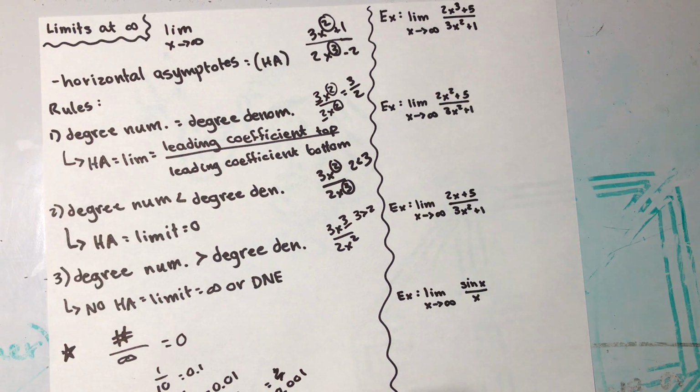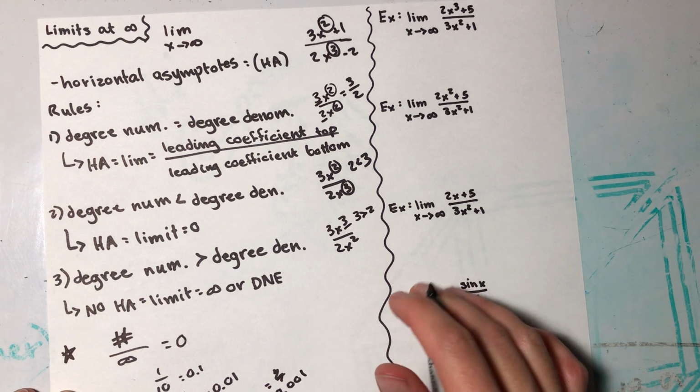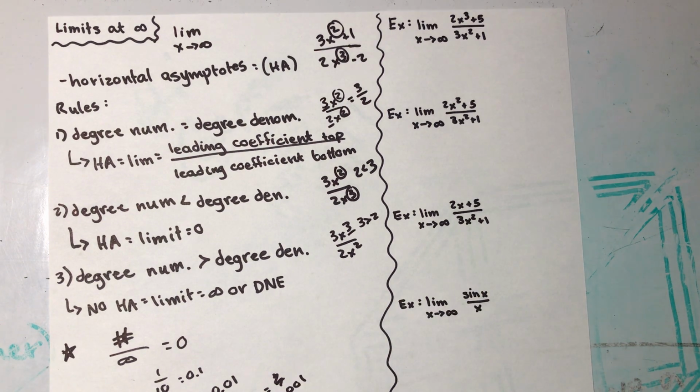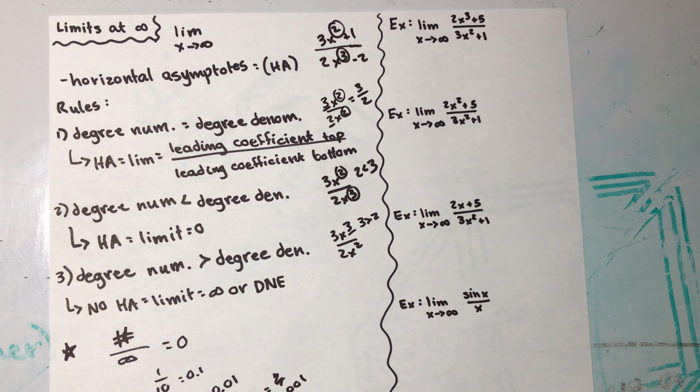As this number keeps getting bigger and bigger, eventually at infinity, I don't want to say equal to, because infinity is not a number, it's just a constant. But if you have some number over infinity, it's essentially just going to equal 0. So that's an important thing to keep in mind.